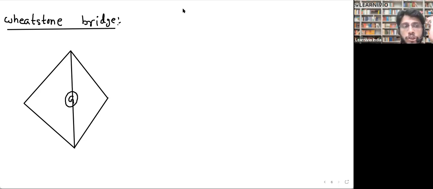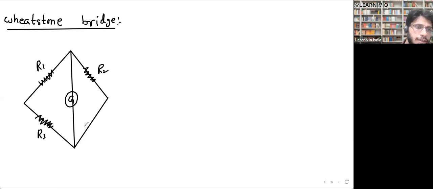It's a combination of 5 resistors, which cannot be solved by usual series and parallel combination methods. So this particular combination of 5 resistors or 5 capacitors is Wheatstone bridge. This is R1. We have already discussed numericals on Wheatstone bridge, but we have not derived the balancing condition. So we'll derive the balancing condition.